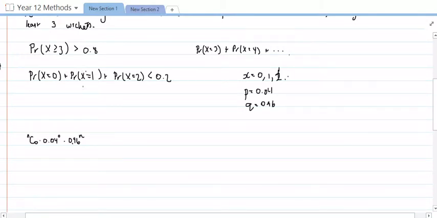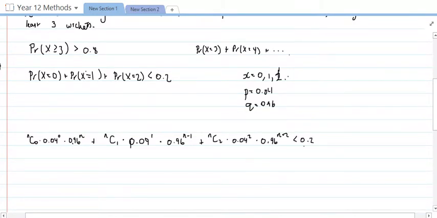For the probability of x equaling 1, it's going to be nC1 multiplied by 0.04 to the power of 1 multiplied by 0.96 to the power of n minus 1. And then when x is equal to 2, I'm going to have nC2 multiplied by 0.04 to the power of 2 multiplied by 0.96 to the power of n minus 2. And I want all of that to be less than 0.2.